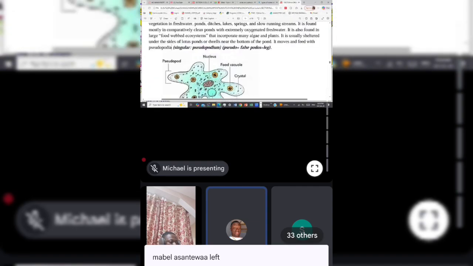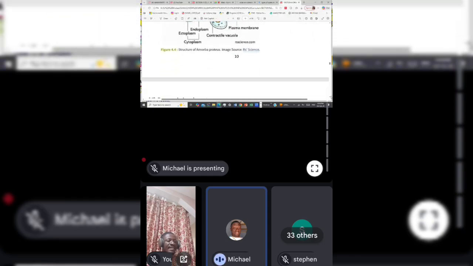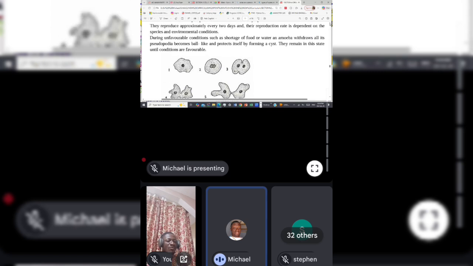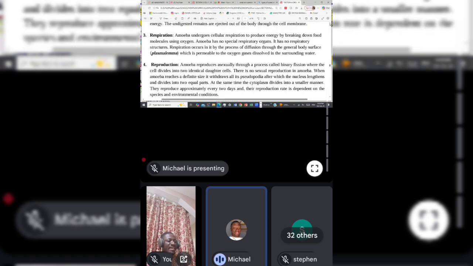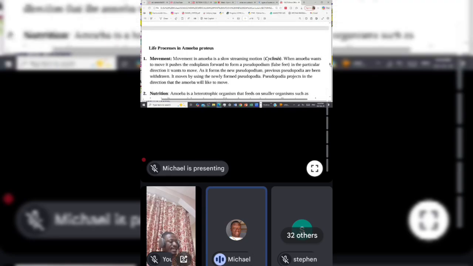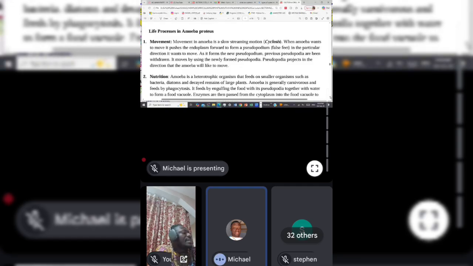Alright, so that is the structure of Amoeba proteus. Let's look at the life processes. The first one we will talk about is movement. How does Amoeba proteus move? As I said earlier, amoeba doesn't have a locomotory structure, but what it does have is the cell membrane that is able to extend and allow it to move.